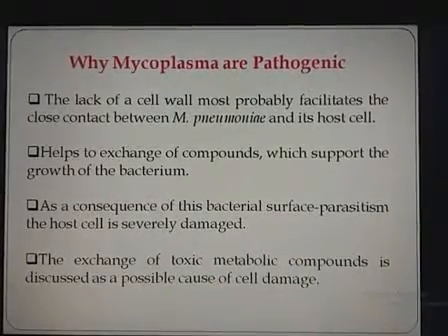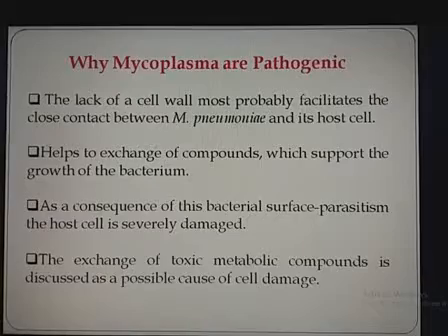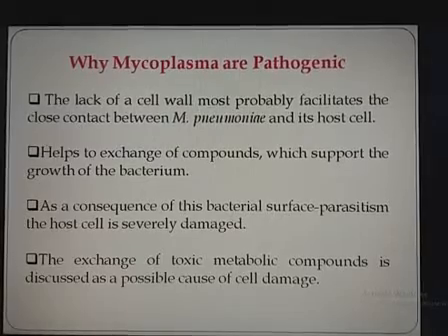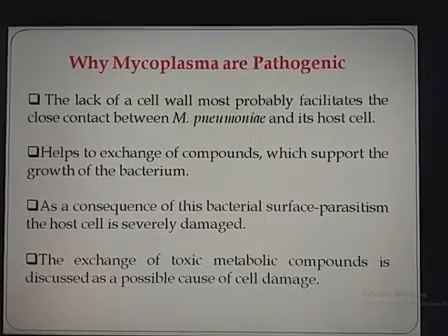So why is mycoplasma pathogenic in nature? They don't have any kind of cell wall, and this characteristic probably facilitates close contact with the host cell and the exchange of toxic compounds between the bacterium and the host cell.